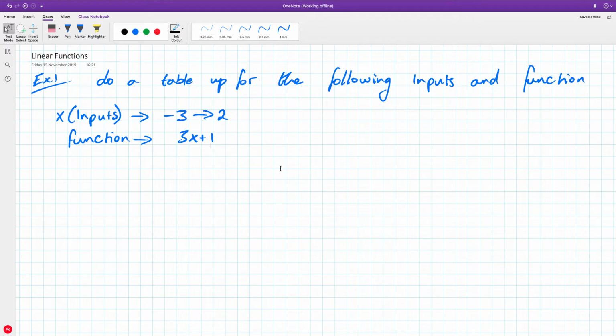Right. Let's look at it so. Our inputs are -3, -2, -1, 0, 1, and 2.